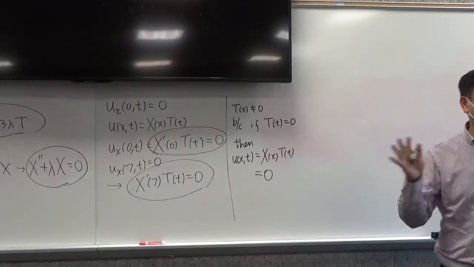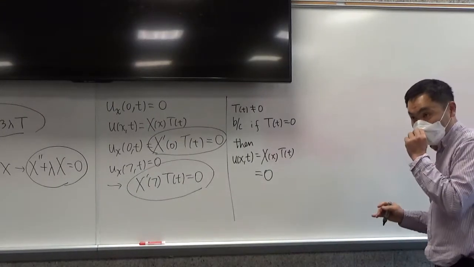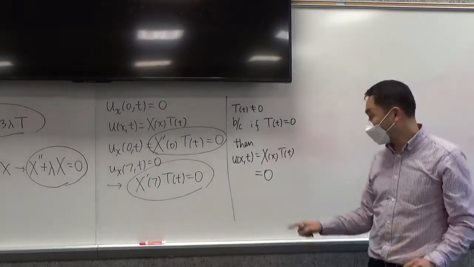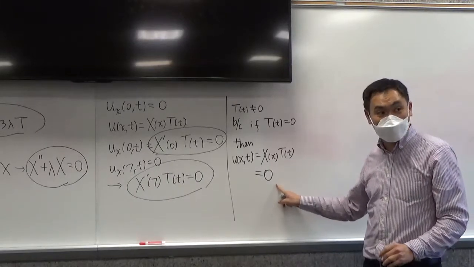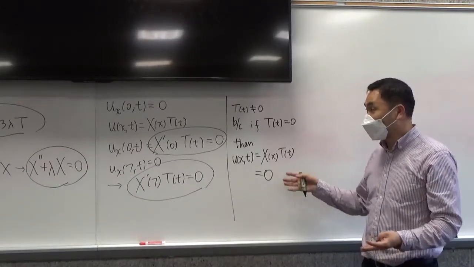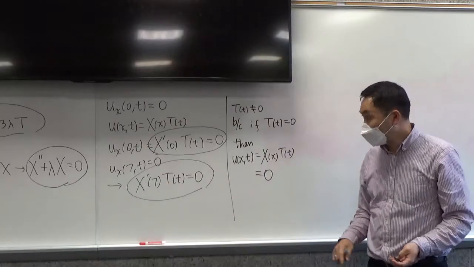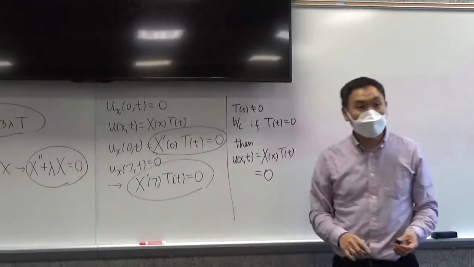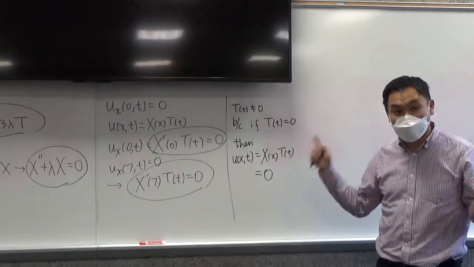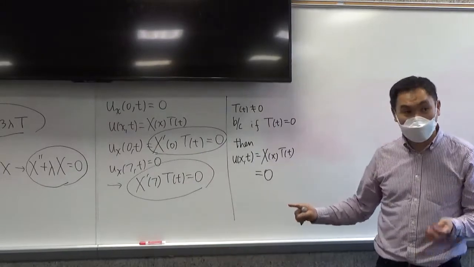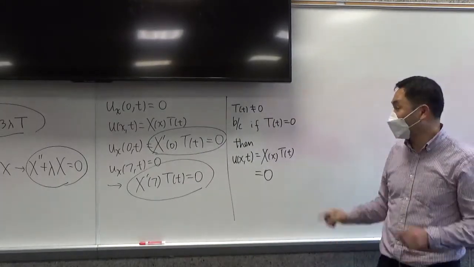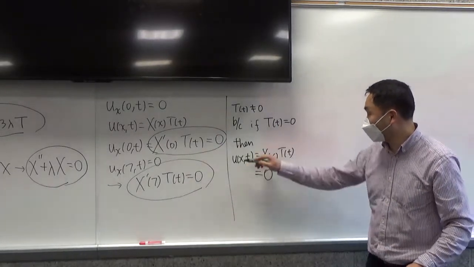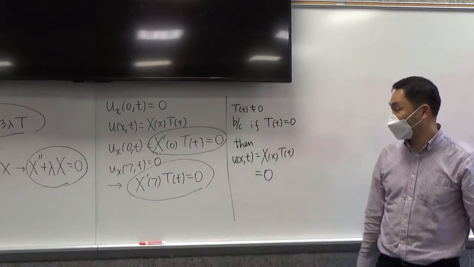It doesn't add to our vocabulary of solutions. We want to find all the solutions, and these are the ones that we already know to be solutions, right? A 0 will satisfy the heat equation no matter what, and these boundary conditions will also be satisfied by a 0, so that really isn't what we're looking for, okay? So we're really looking for non-trivial solutions that look like this. So that's why T of t cannot be 0.